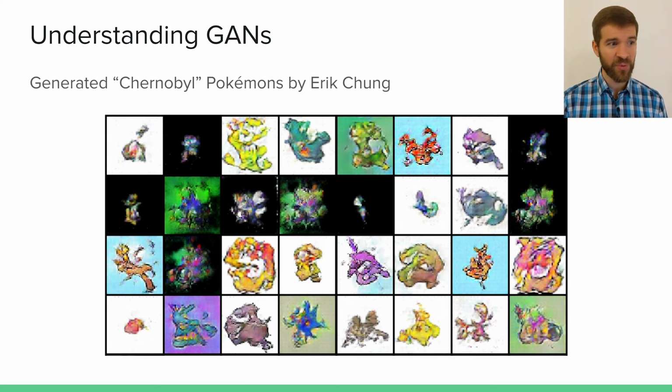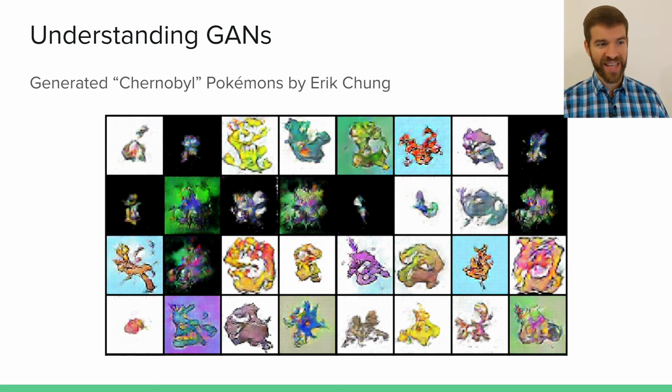What he was working on was creating new Pokemons, with the underlying problem being that there are already many Pokemon and it becomes increasingly harder for the creators, those artists, to come up with new Pokemons. So he had this idea: let's just train a generative adversarial neural network to draw and come up with new Pokemons that look as if they were actual Pokemons.